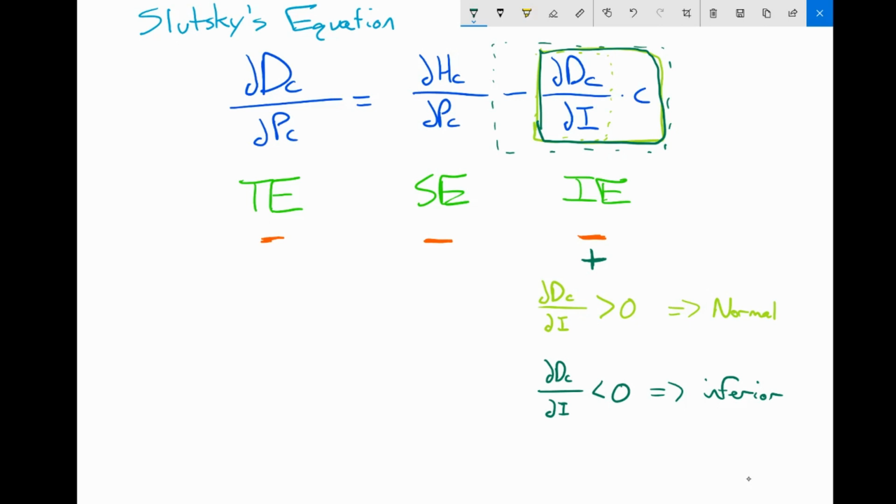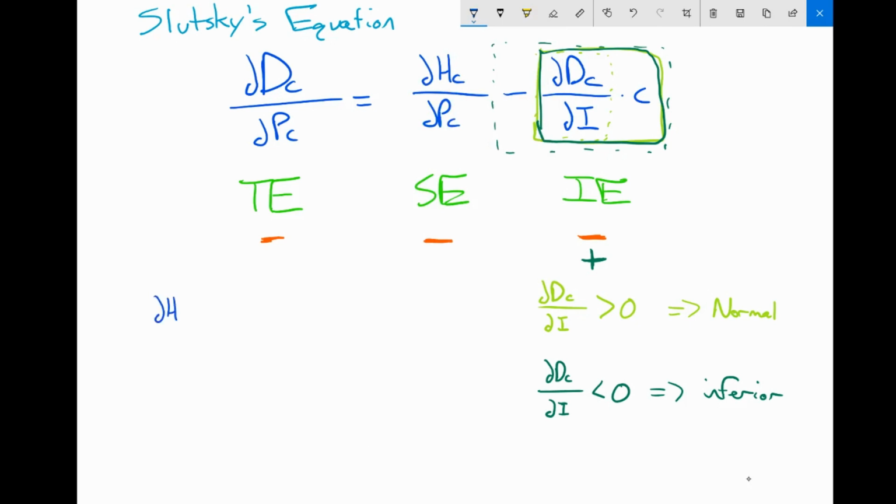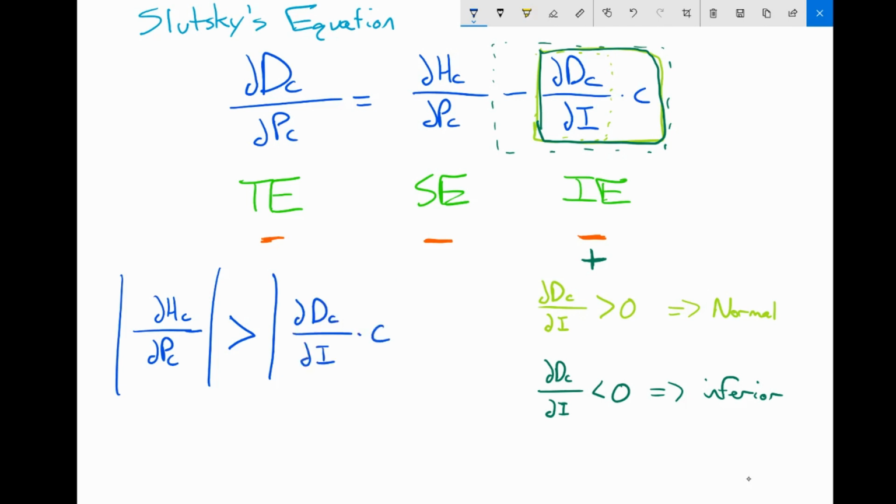So now the total effect will still be negative so long as the absolute value of the substitution effect is larger than the absolute value of this expression from the income effect. As long as this is true, the total effect is negative, even for an inferior good.